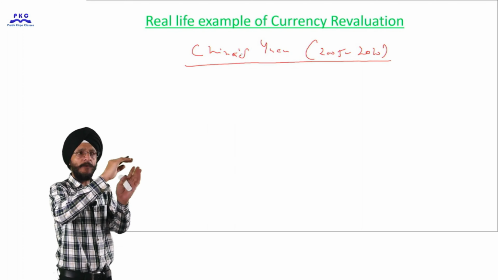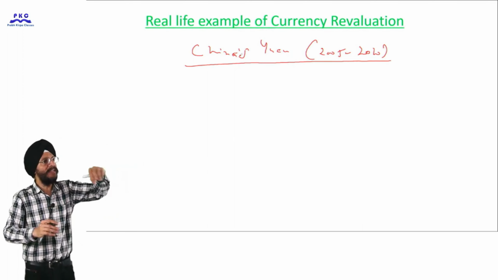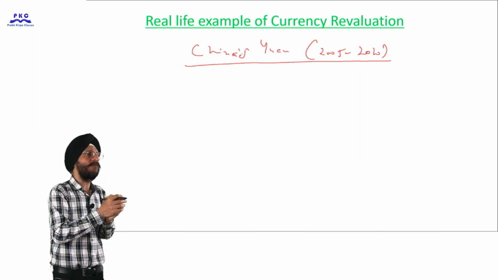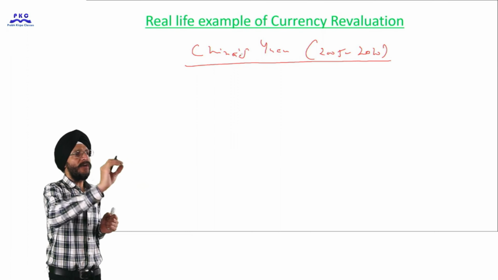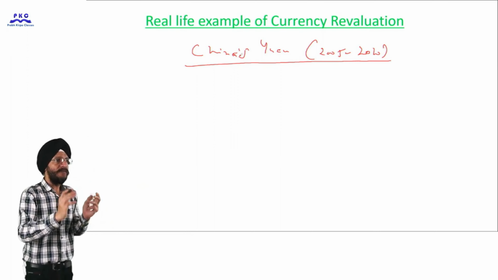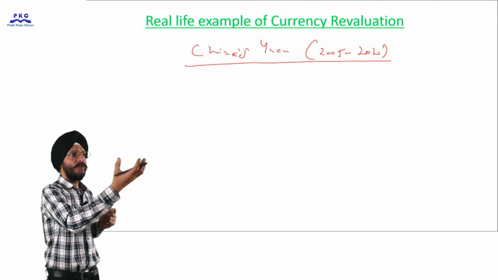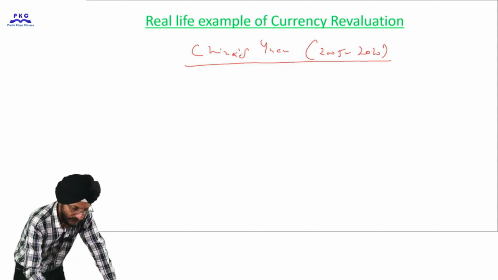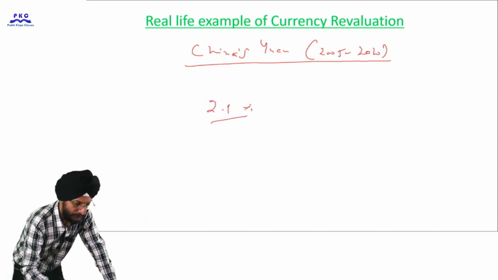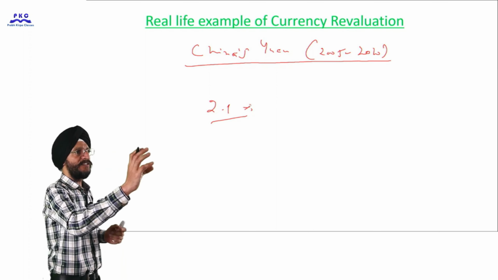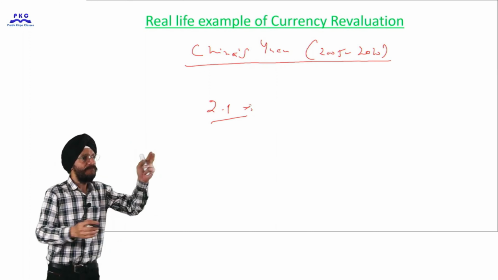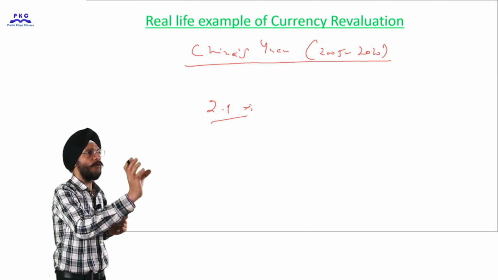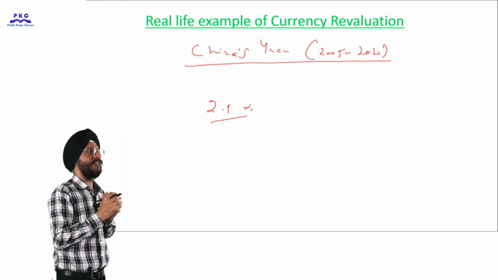the China government in 2005 abandoned the policy of pegging its yuan against the US dollar. So when it abandoned the policy of pegging the yuan against the US dollar, the currency of China was revalued. Initially, it was around 2.1% when it first increased the value of its currency, and between 2005 and 2010 the currency was revalued many times by the Chinese government.